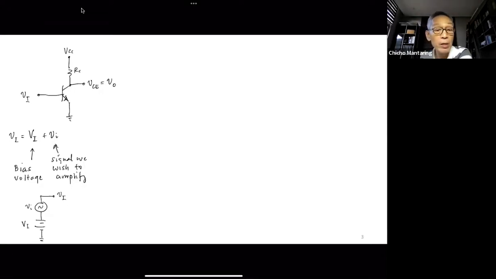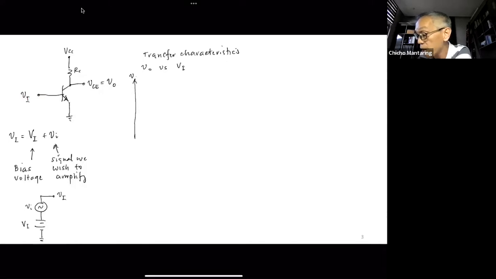Okay. So what did the transfer characteristics of this amplifier look like? We actually tried to recreate the transfer characteristics of this. What did we say was the transfer characteristics? This is a plot of output versus input, so this is v_O versus v_I.